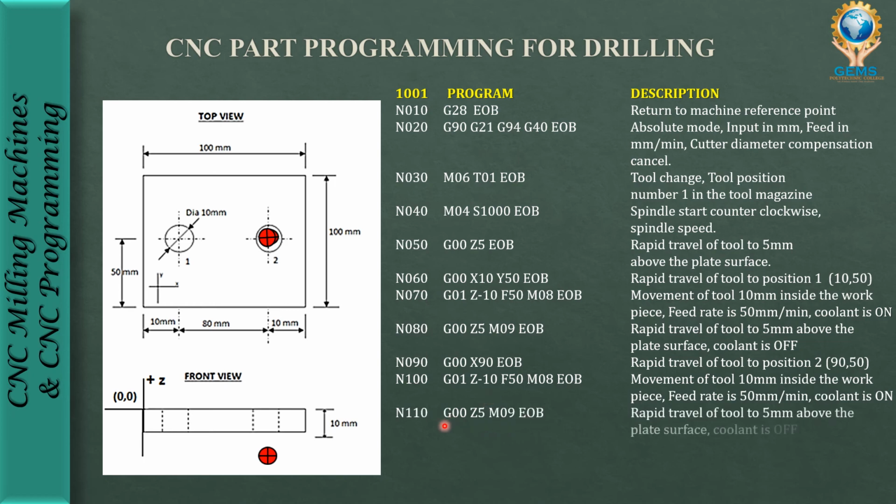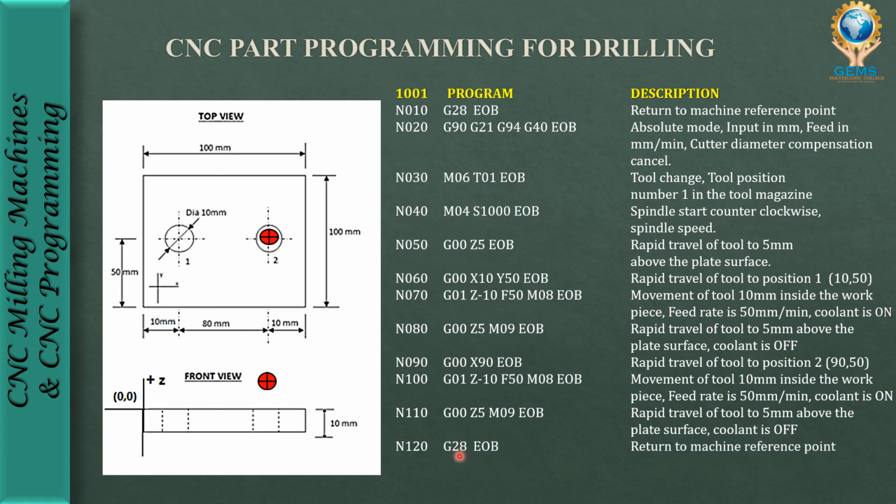And next, I'm informing the system to come back to the same Z5 value. So M09 coolant off and G00 rapid movement.